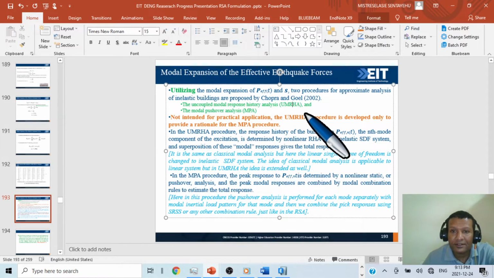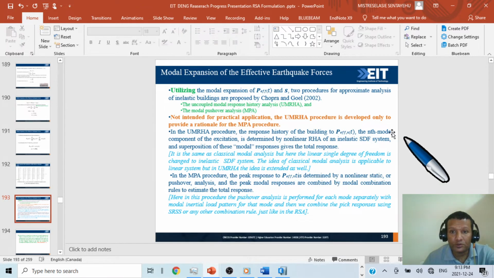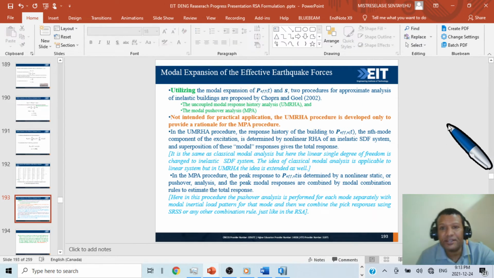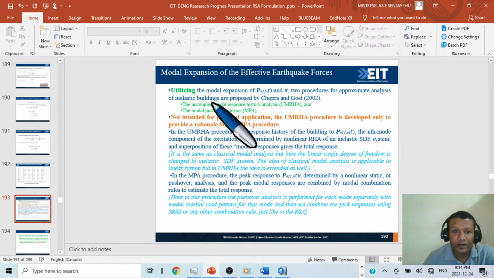So you have UMRHA and we have MPA. So we are clear now. Because of this modal expansion of the effective earthquake force, we have two procedures, UMRHA and MPA: the uncoupled modal response history analysis and the modal pushover analysis.